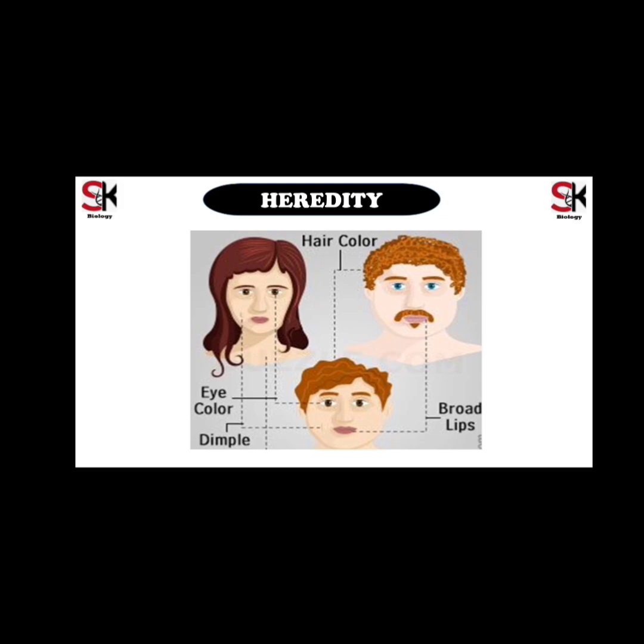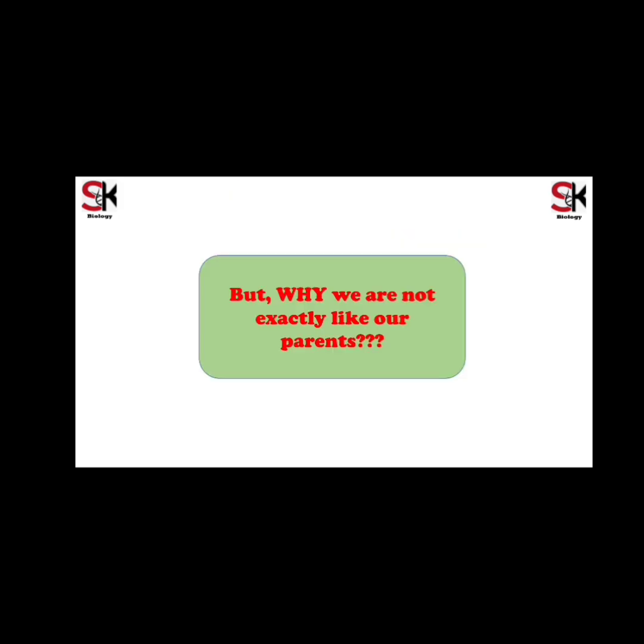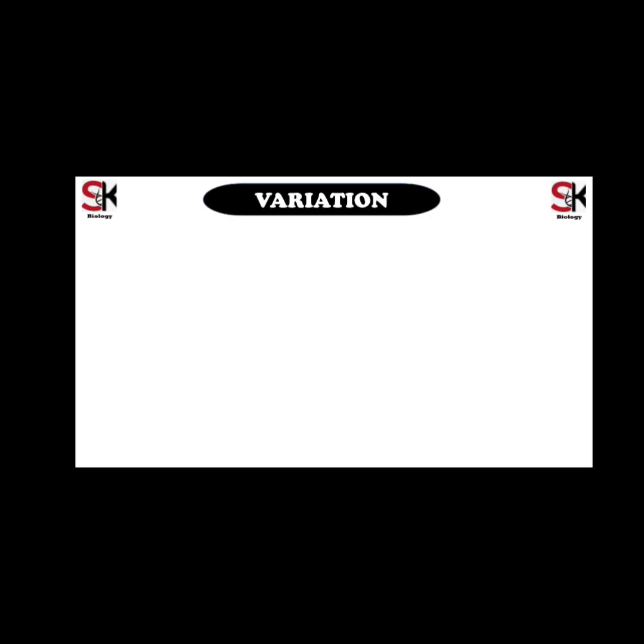But the question comes, why are we not exactly like our parents? If we are getting all the traits from parents, then why are we not exactly like our parents? The answer to this question lies in our next point, which is variation. All traits of the new generation, that is offsprings, are not similar to parents.